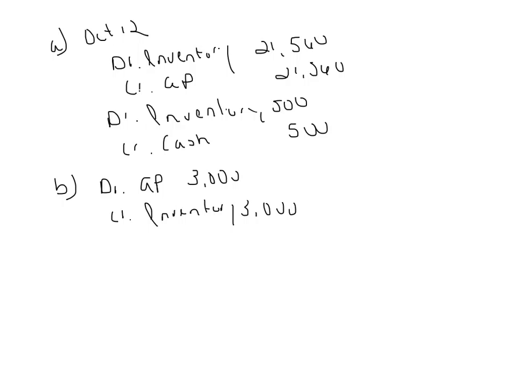Then we move on to letter C, and James paid for the merchandise purchased. Remember again here, he did not utilize the discount because he paid it after the 10-day period that he was able to use the discount. So on October 31st, he had to pay cash of $22,000. That's how much he paid.